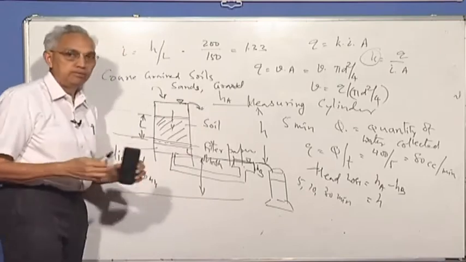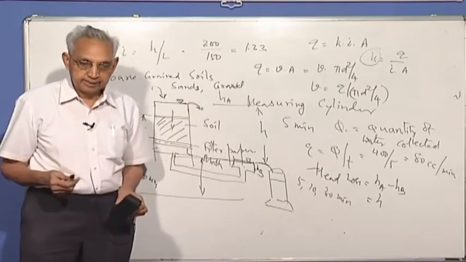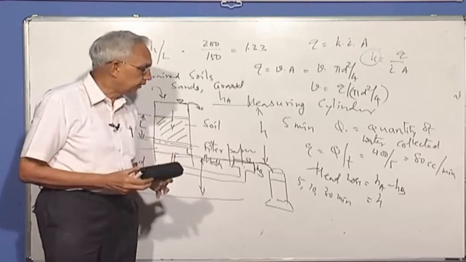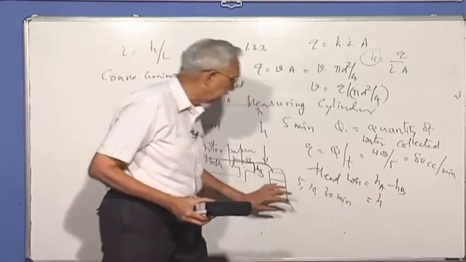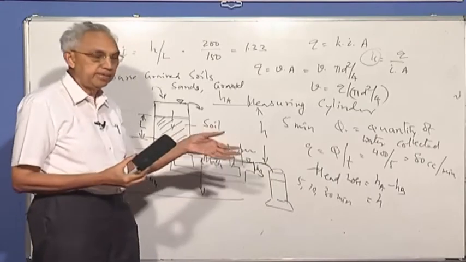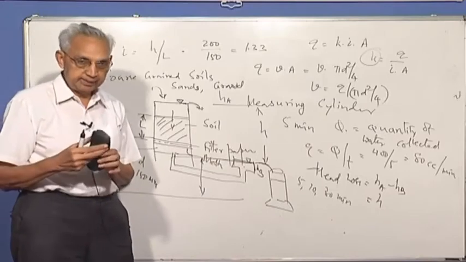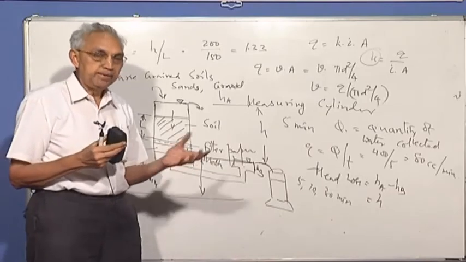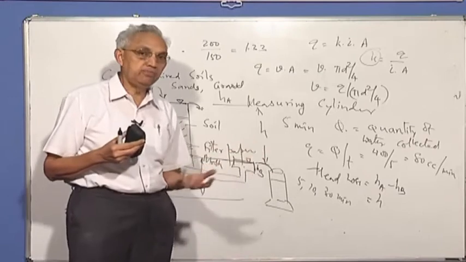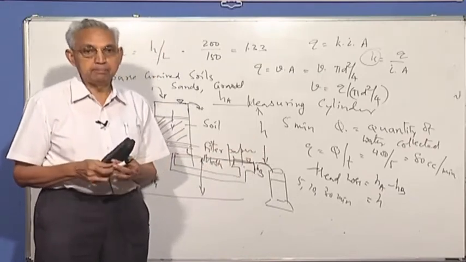You can have fine sand, coarse sand, silty sand, etc. Then you can measure enough water in the jar over a normal period of let's say 15, 20, 30 minutes. You cannot wait for one day to do a test. That will be very slow, and you normally find that then the rate of flow is so small, evaporation also may take place during that period.